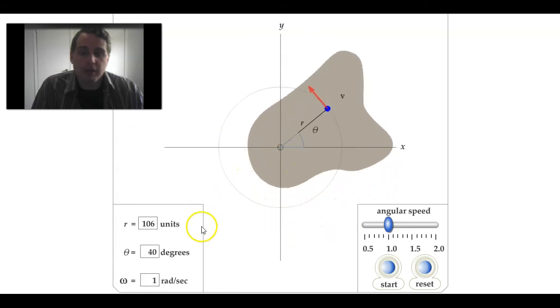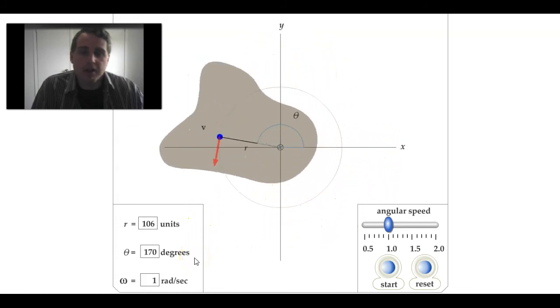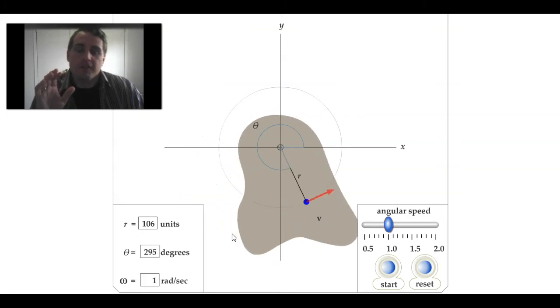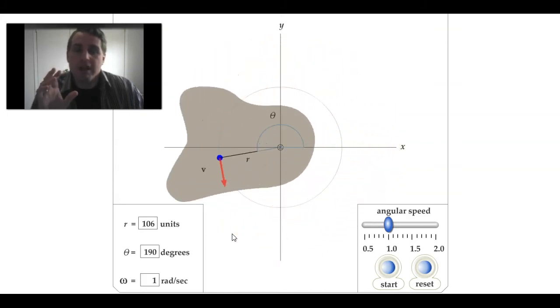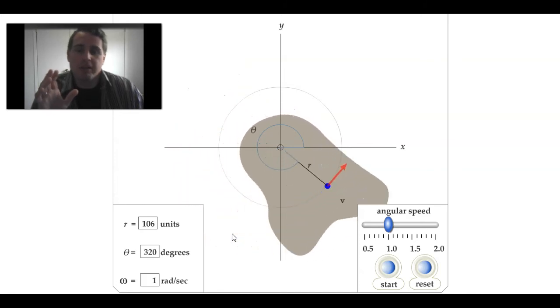Now notice, the reason that's important is because a lot of times you'll hear physics professors and other people talking about rotation say radians don't really exist or they're unitless.